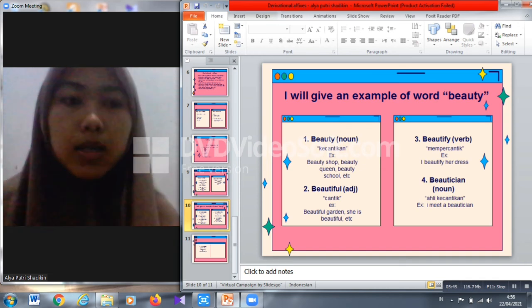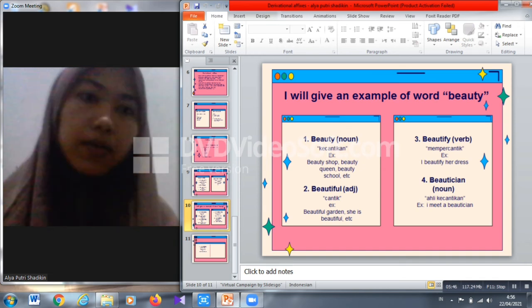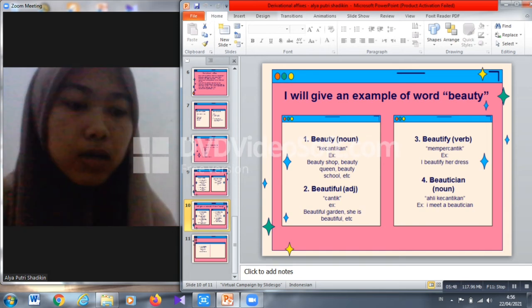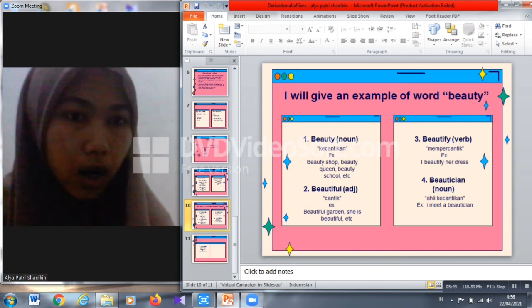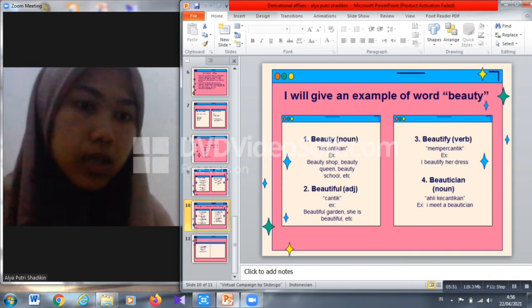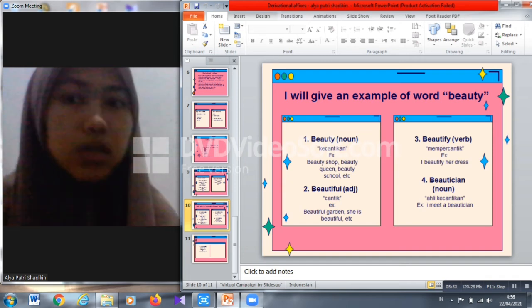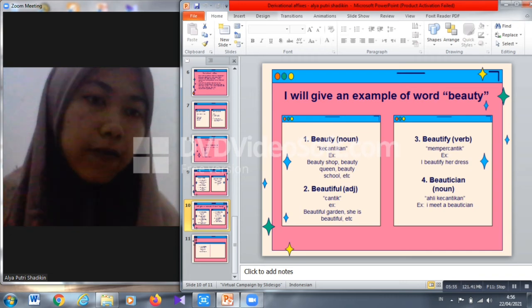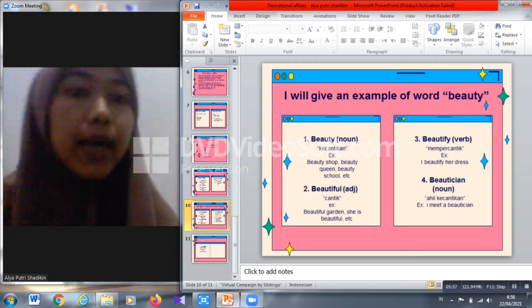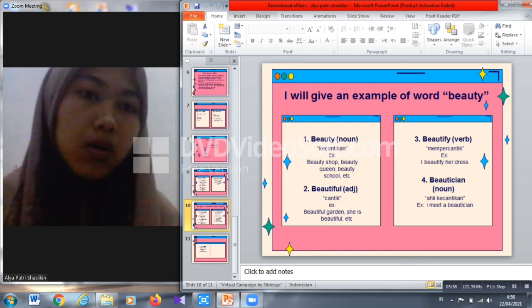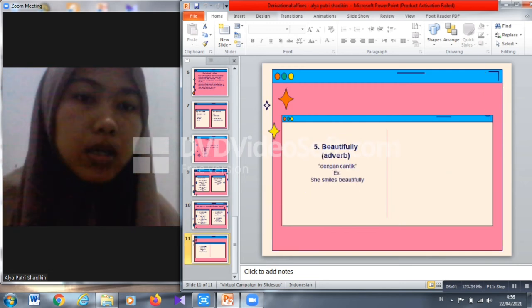For example, I beautify her dress, and beautician as a noun by adding the suffix ician.